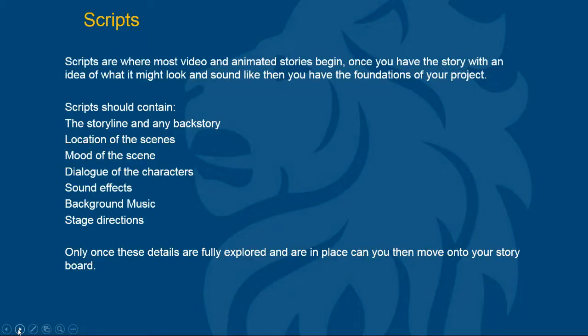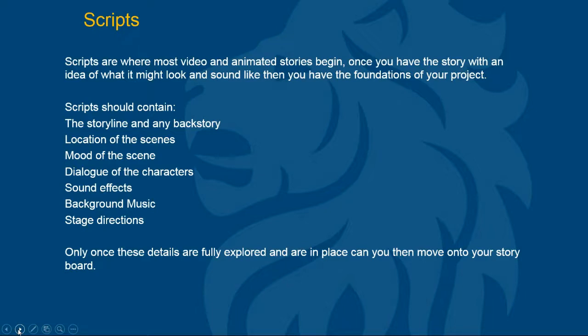Scripts are where most video and animated stories begin. Once you've got that story, and an idea of what it might look like and sound like, then you've got the beginnings of your project.